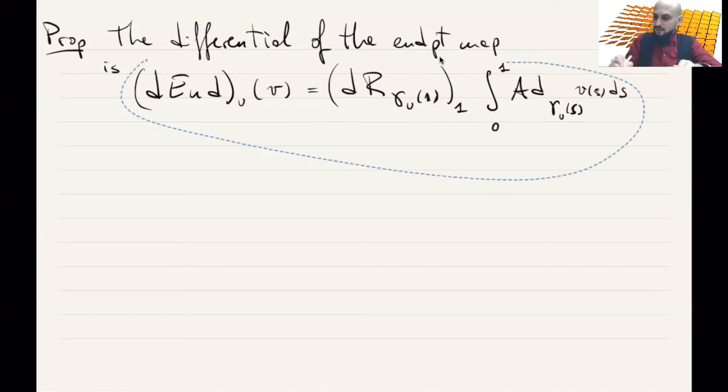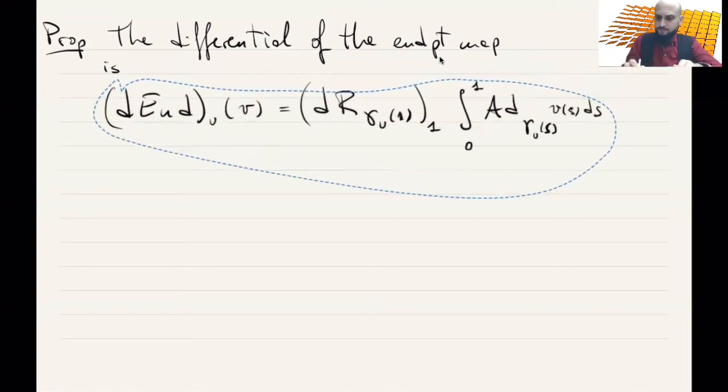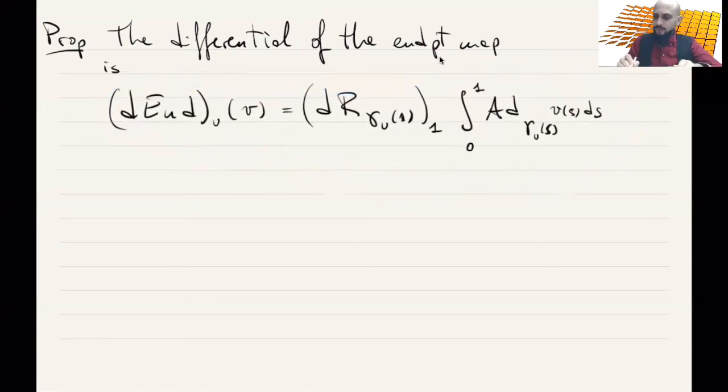Here gamma is the trajectory associated to the control U.